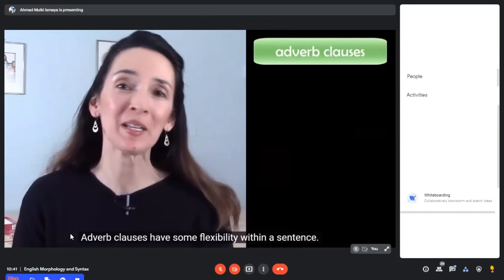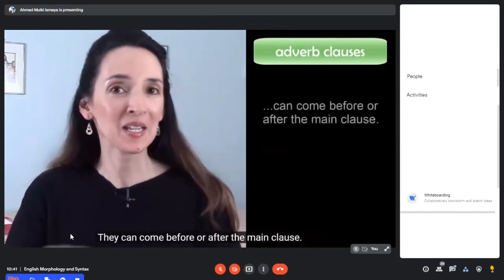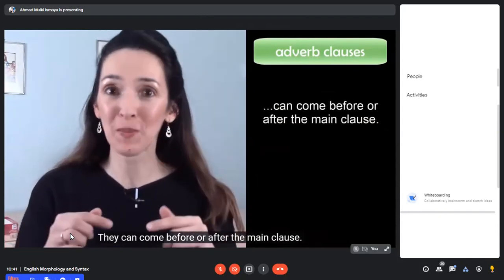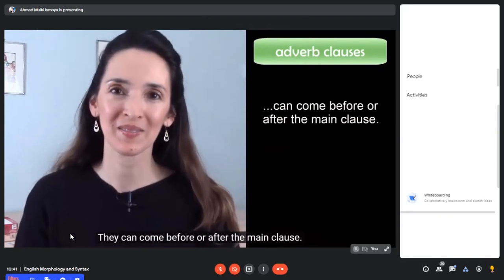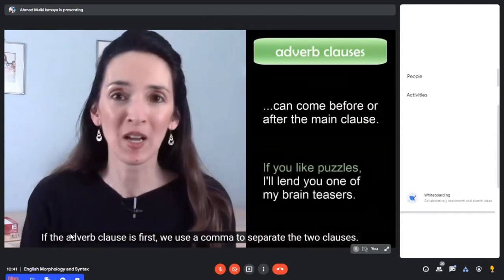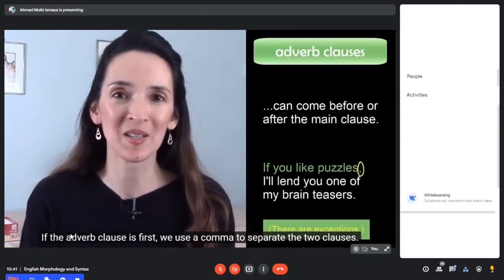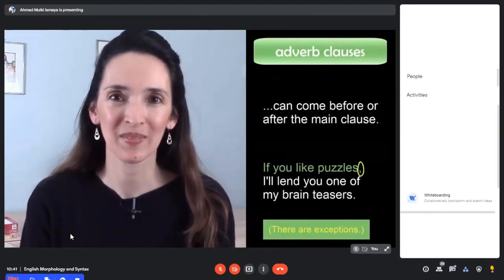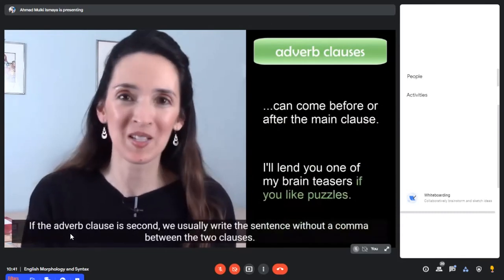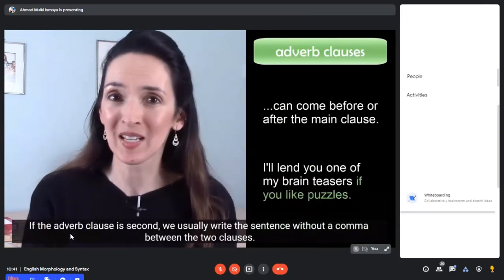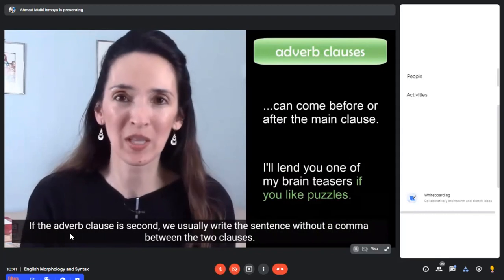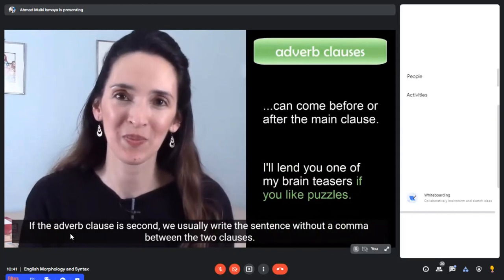Adverb clauses have some flexibility within a sentence. They can come before or after the main clause. If the adverb clause is first, we use a comma to separate the two clauses. If the adverb clause is second, we usually write the sentence without a comma between the two clauses.